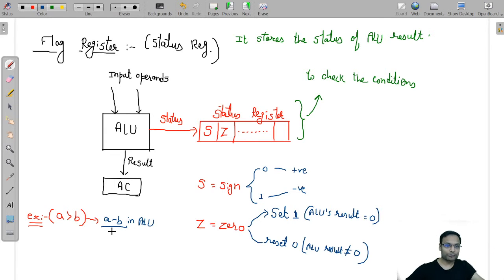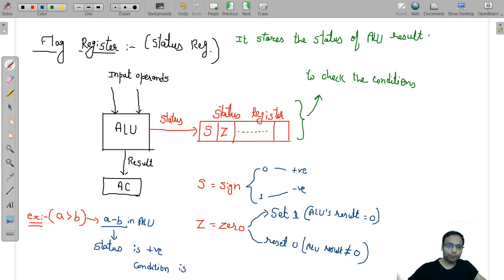If the status of the result is positive, which means A is greater than B. So for a condition check, the ALU will perform A minus B, and its status is stored here. If the status is positive, the condition is true.